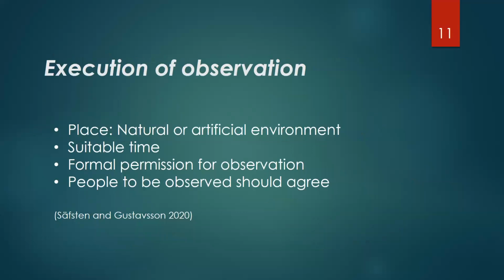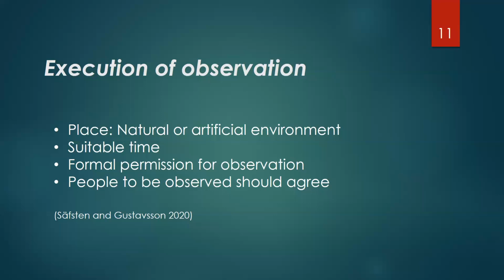How do we do it? The place could be a natural place: you go to the building, or outside to the field, or it can be an artificial environment like labs. A suitable time: of course, if you want to study the employees' situation in a company or organization, you will not go there after 4 o'clock; it should be during daytime.